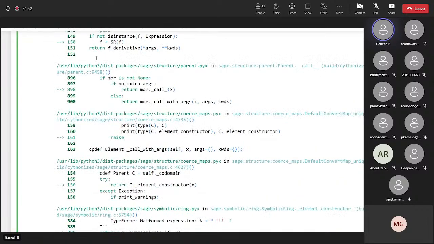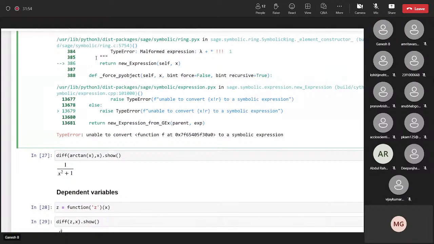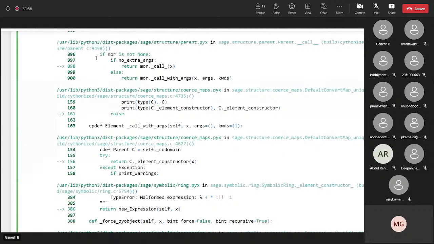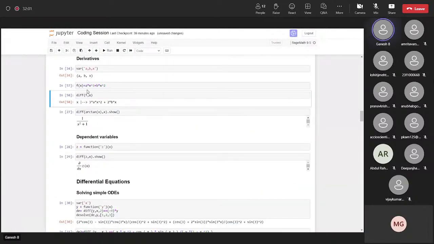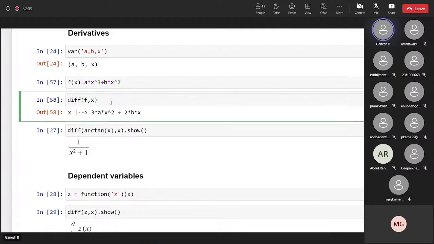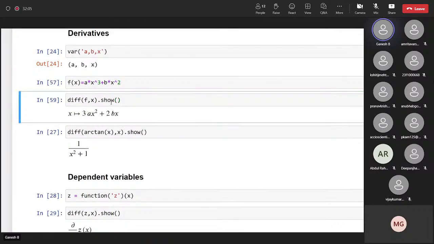Oops. Yeah, there you go. I should be able to take this. Yeah, that is the latest output. So if I differentiate f with respect to x, you get 3ax squared plus 2bx. You can see it's very useful.